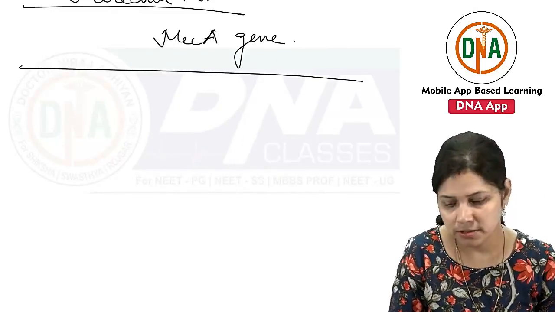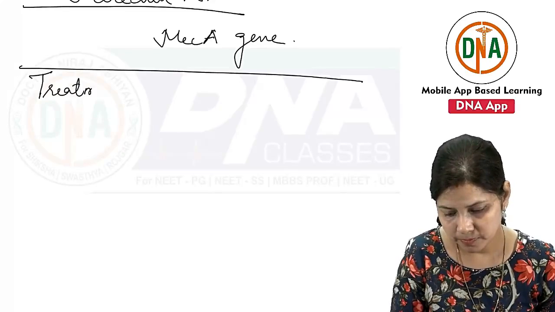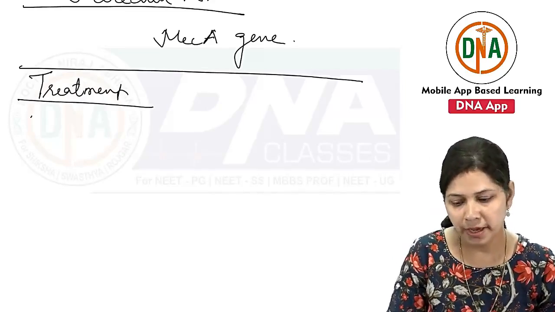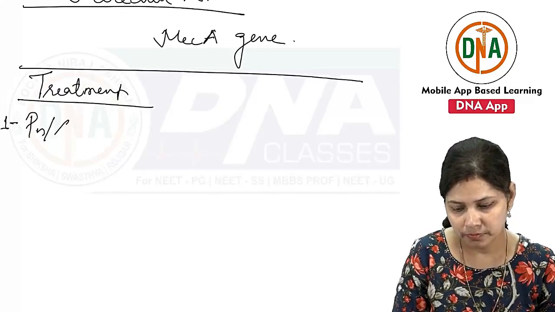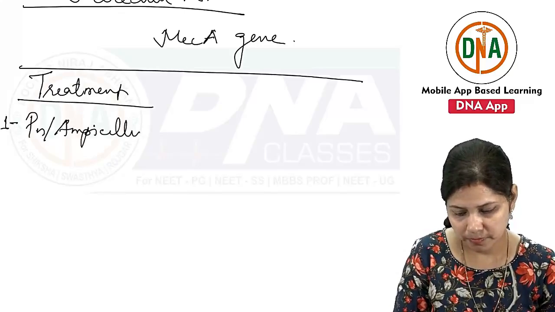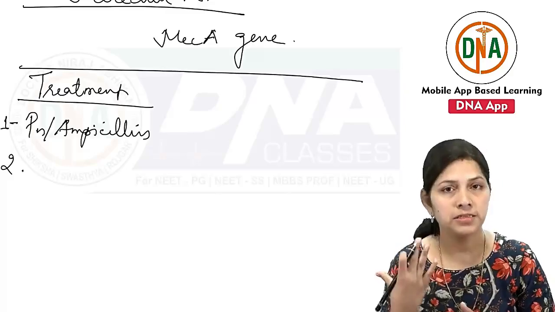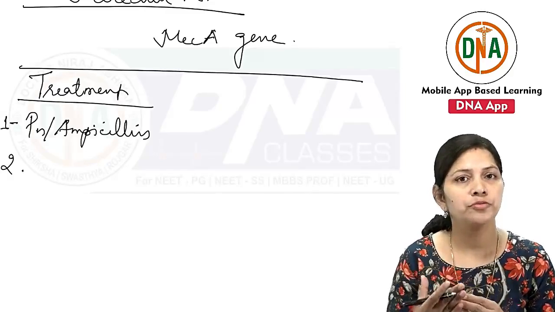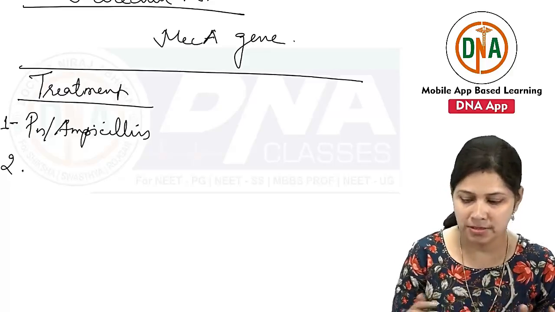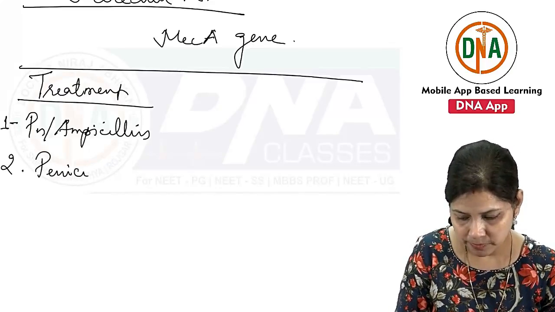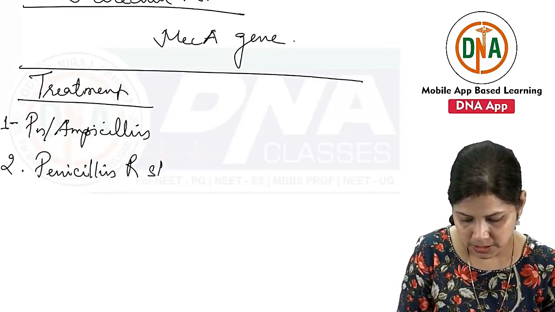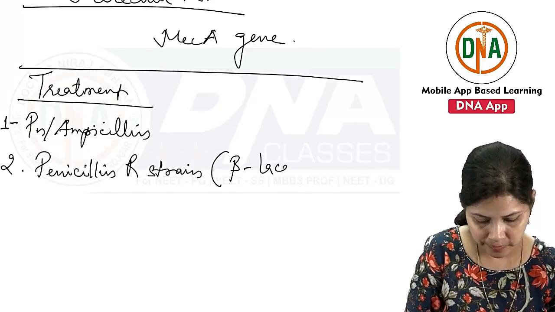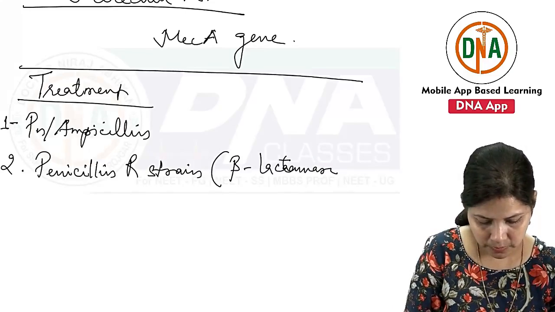As far as treatment is concerned, if it is a sensitive strain, then we have to use penicillin or ampicillin. If it is a penicillin resistant strain, these are mainly because of the presence of beta lactamase enzyme, due to beta lactamase production.